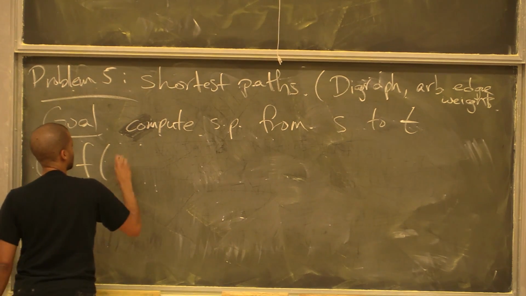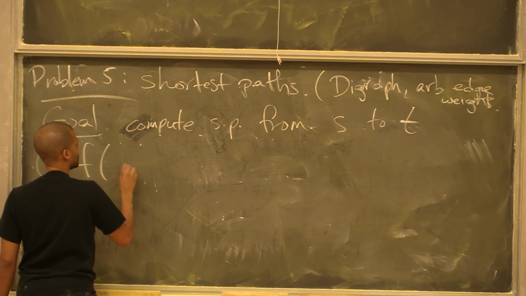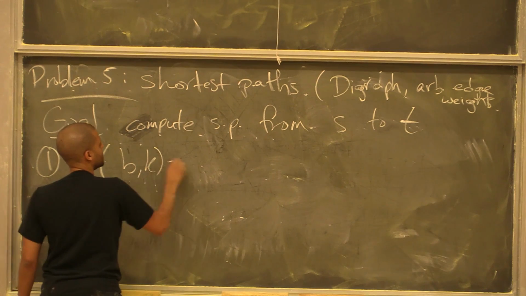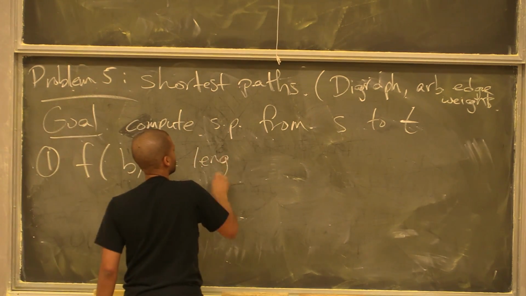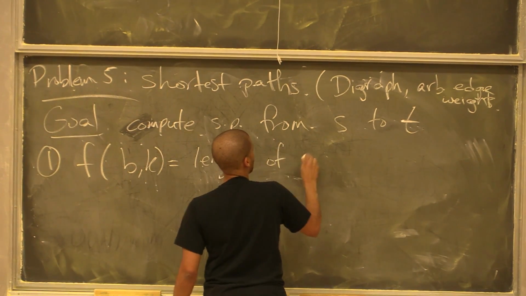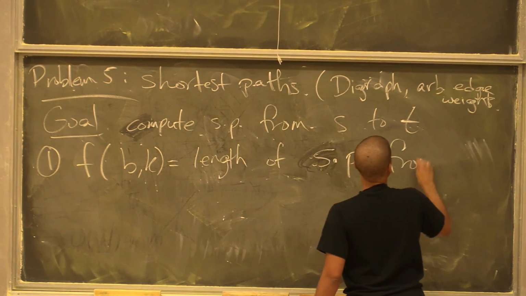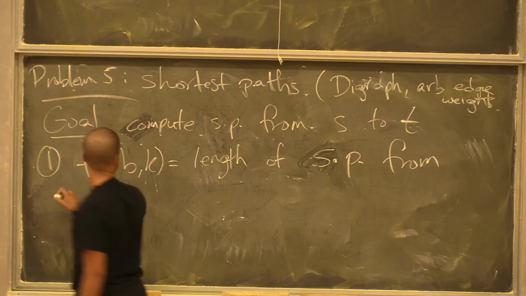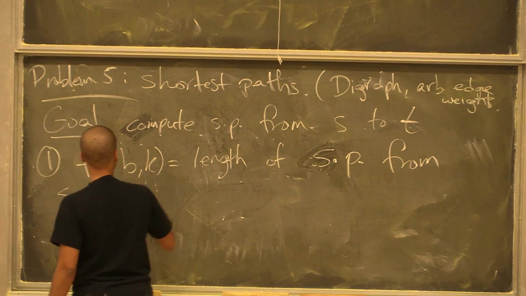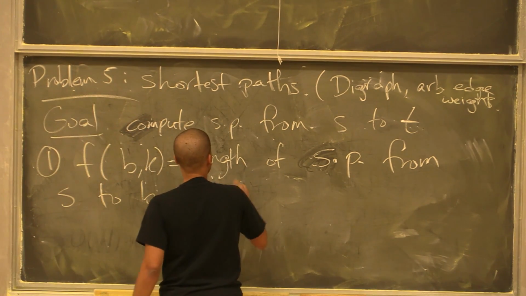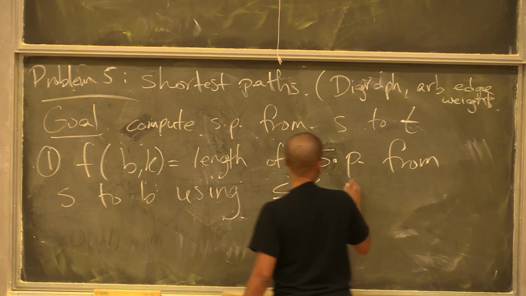F of b, k is equal to the length of the shortest path from S to b using at most k edges.